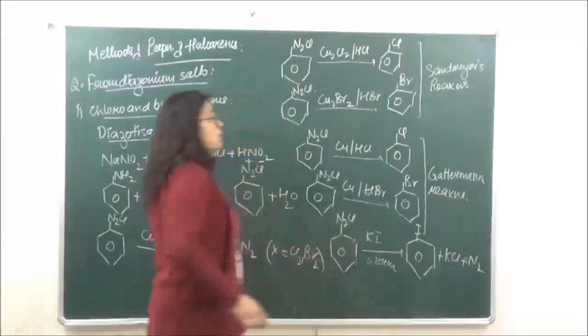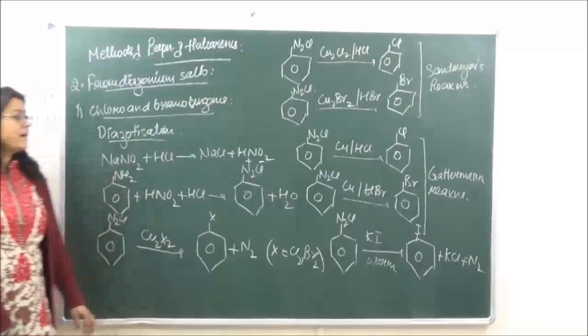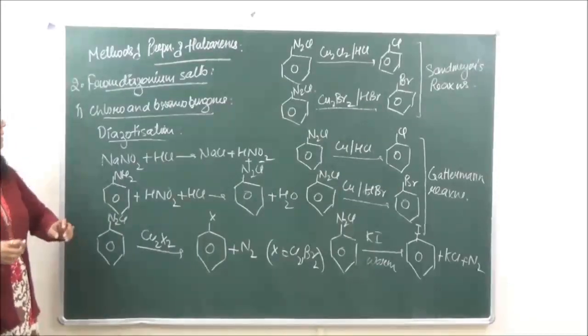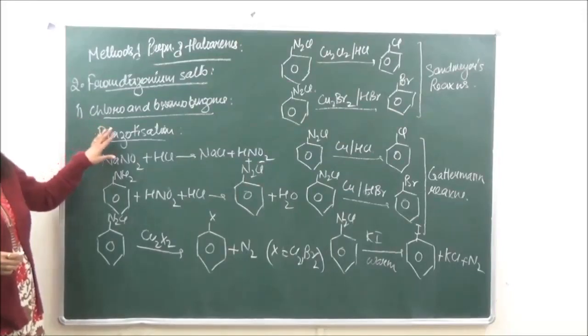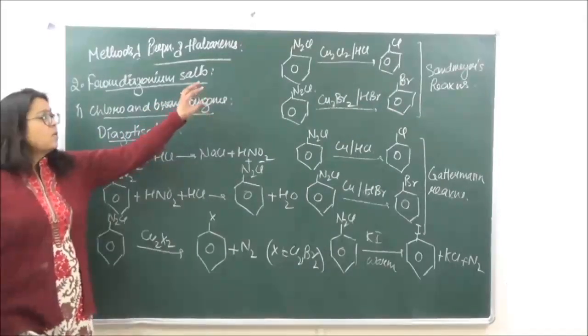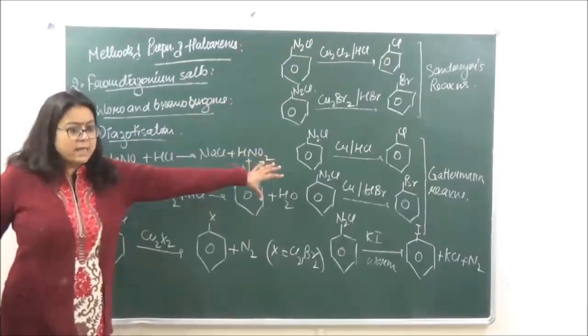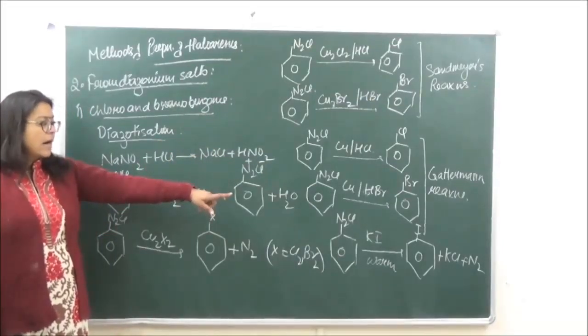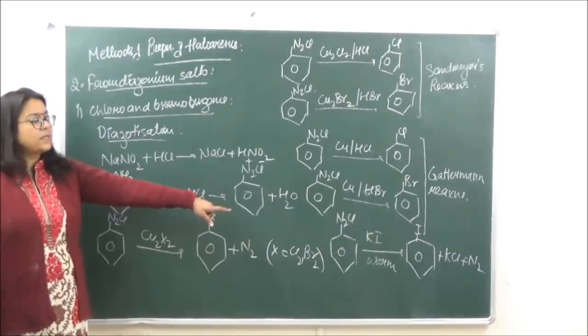This reaction does not come under Sandmeyer's or Gattermann reaction. Please remember this. So we've prepared chloro and bromobenzenes by two reactions, Sandmeyer's and Gattermann, and iodoarenes by reacting with KI.